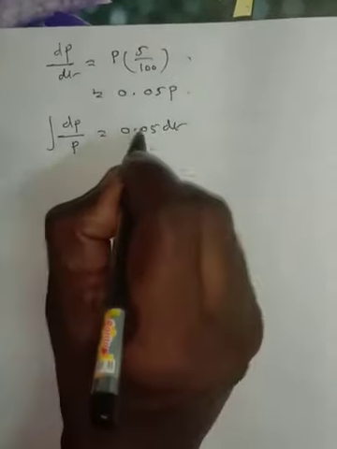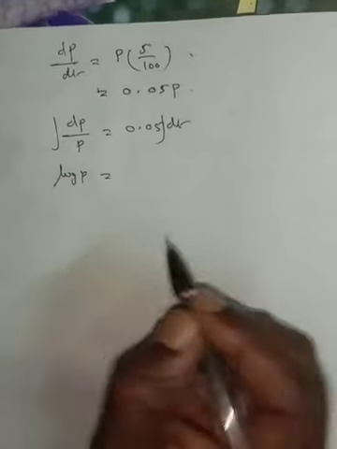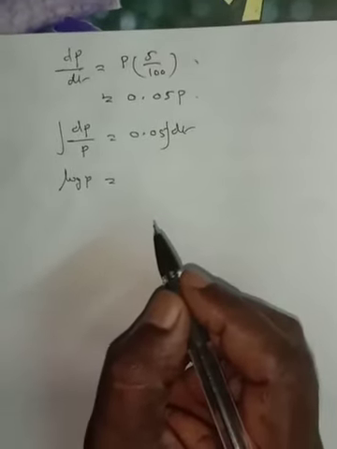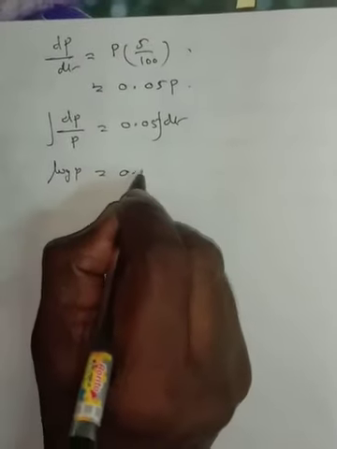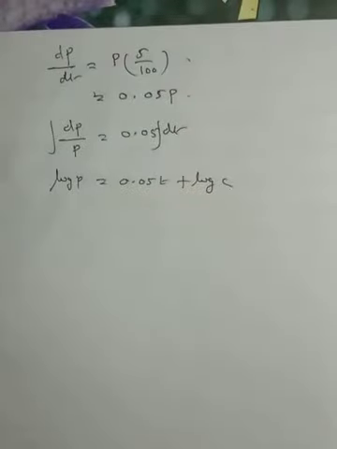Integrating both sides, we have log P is equal to 0.05 t plus log C.